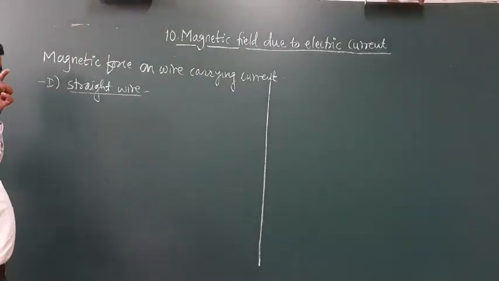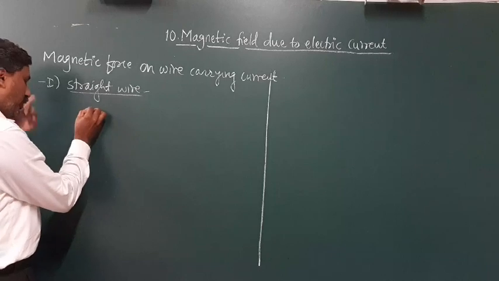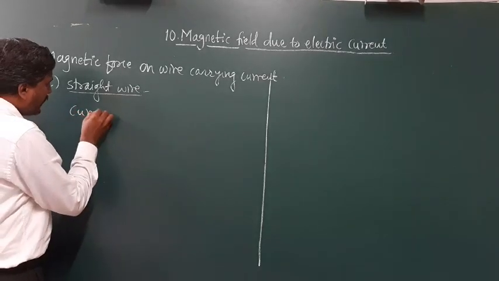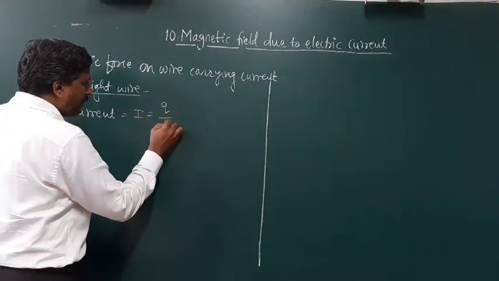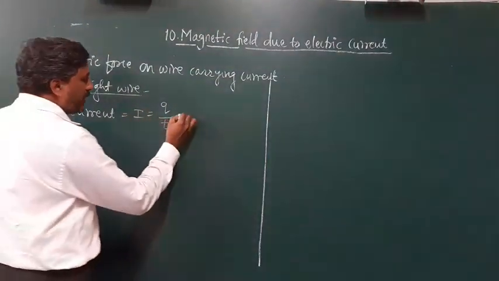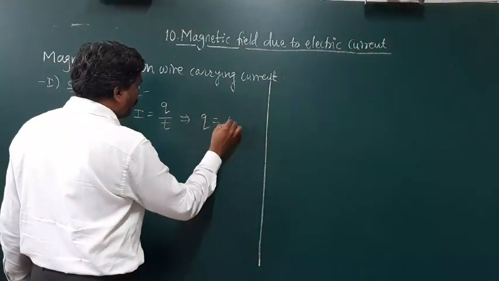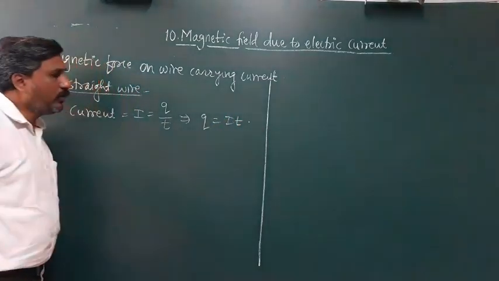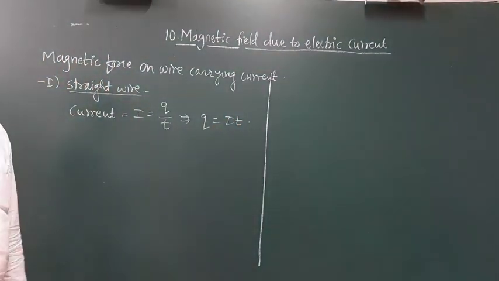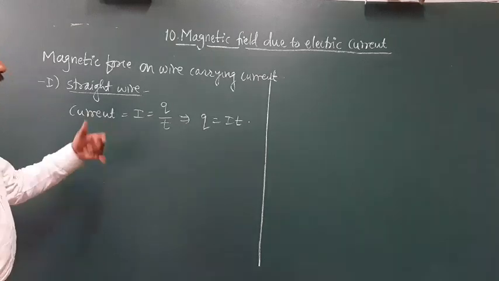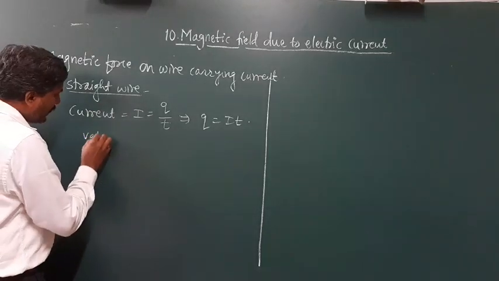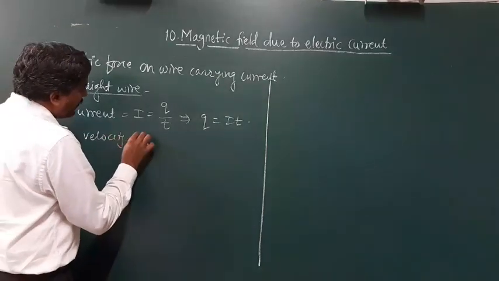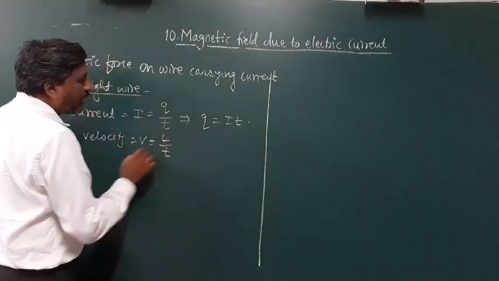To study this article, we just need to know two important formulae. One is current. The current I is given by charge upon time. Therefore, simply we can write q equals I into t. This is the simplest form. And one more thing, velocity is given by velocity equals length upon time.